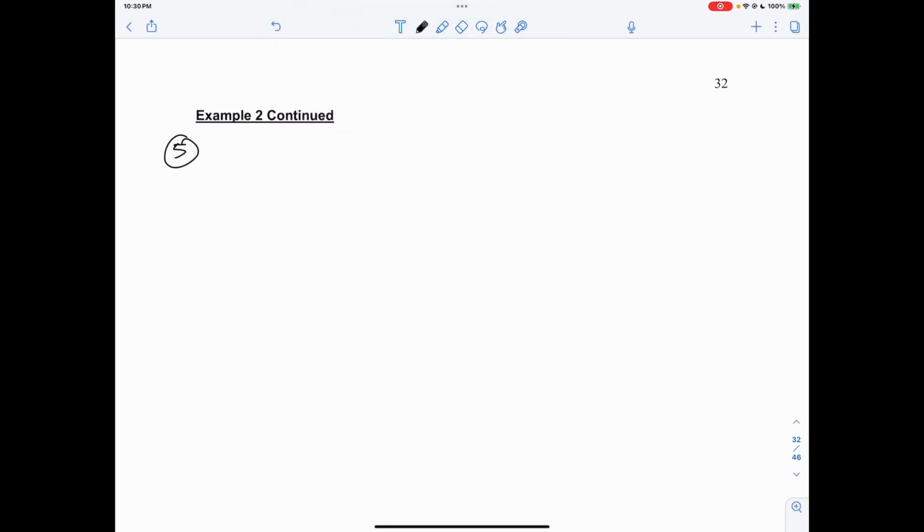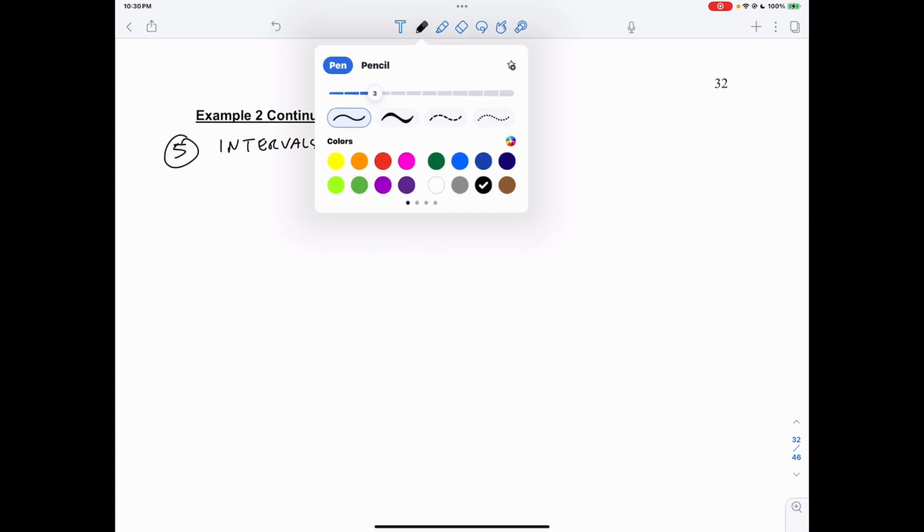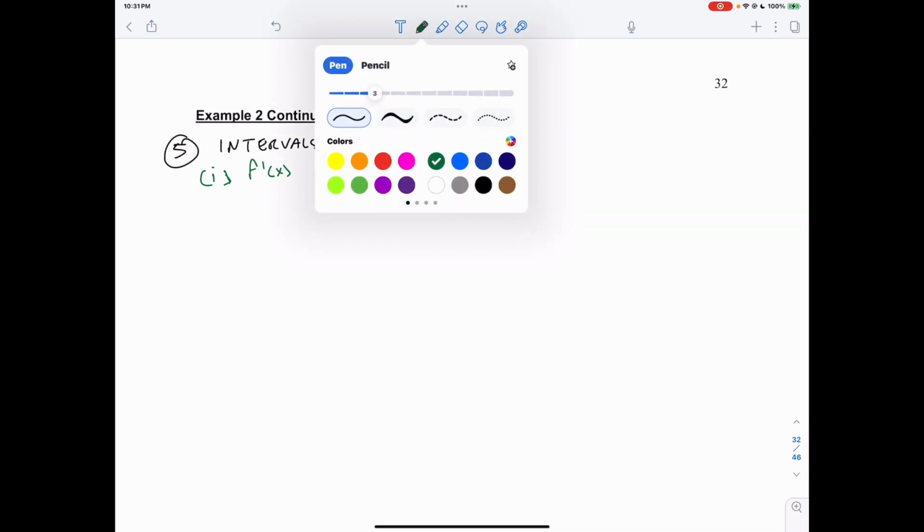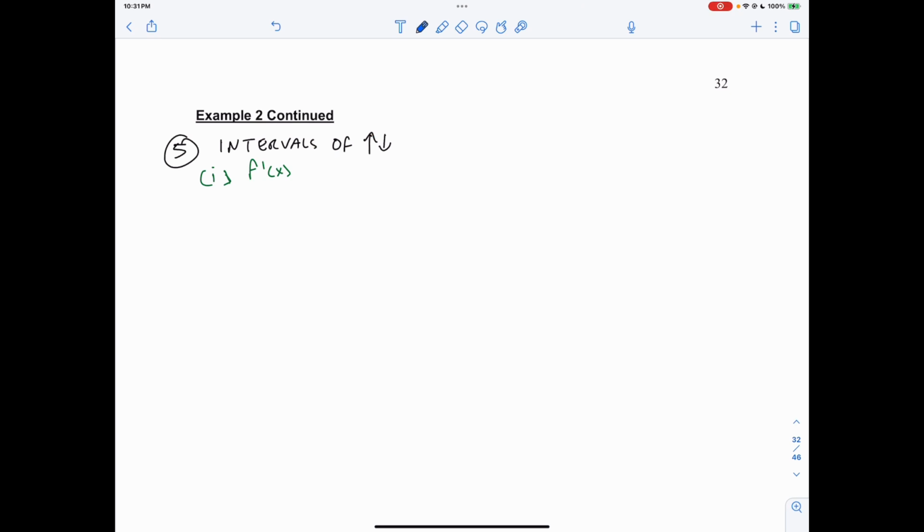Part 5, we're looking at intervals of increase and decrease. So remember, for this, we need to find f prime of x from our original function. F of x was equal to x squared minus 1 all over x cubed.